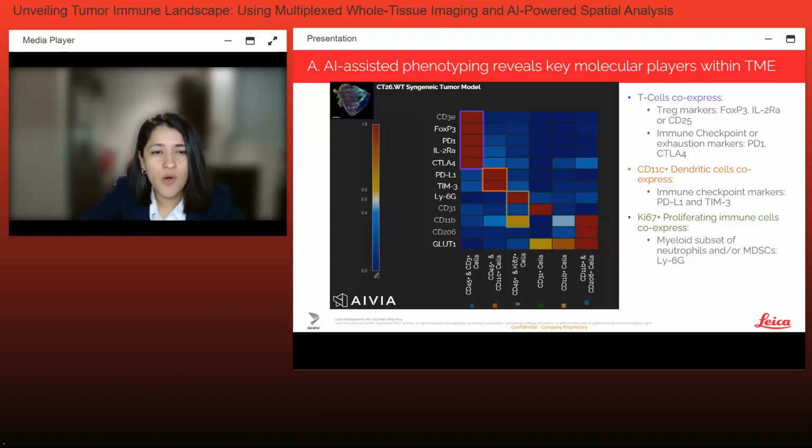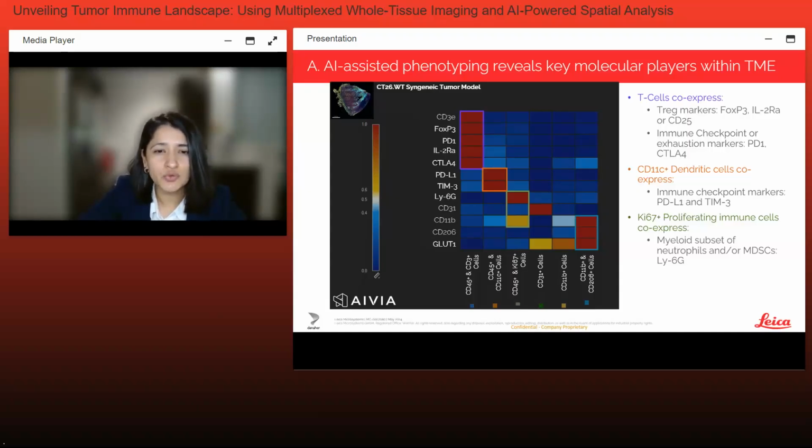Further, we also looked at actively proliferating immune cells, shown in green here. And we find that these cells might have a large population of myeloid subsets of neutrophils or MDSCs based on Ly6G expression.